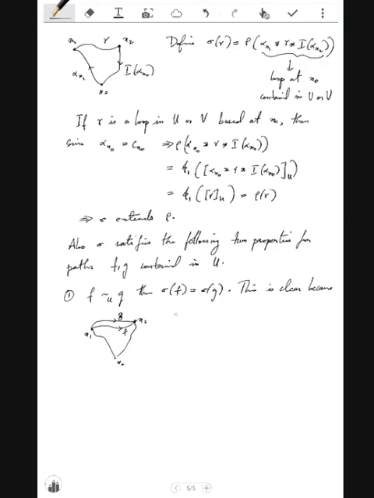Then alpha x1 star F star the inverse of alpha x2 and the corresponding path for G have the same homotopy classes inside U. And rho only depends on the homotopy class.